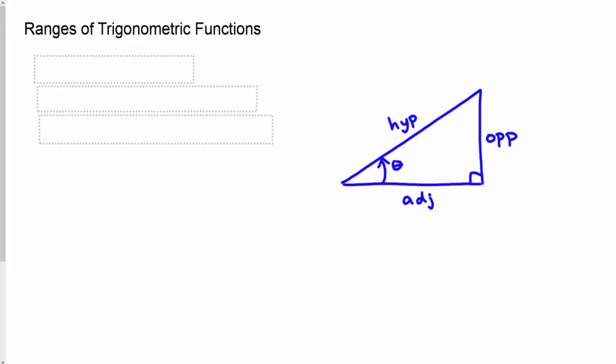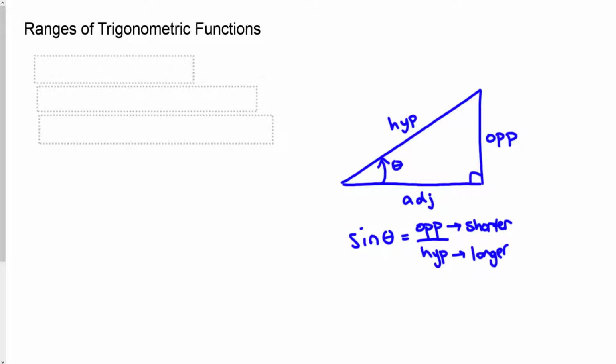The hypotenuse is always the longest side. So when I define sine of theta, I'm taking the opposite side divided by the hypotenuse. The opposite side is always shorter, and the hypotenuse is always longer. They might be equal. It's entirely possible that they're equal, but this is more likely.